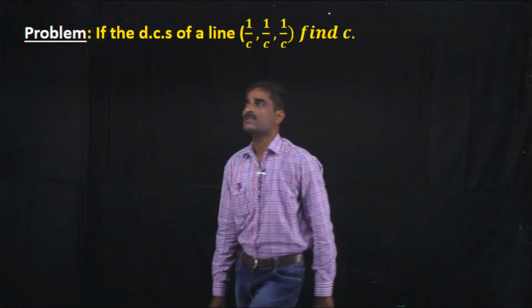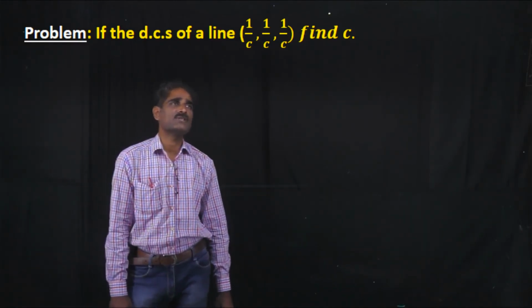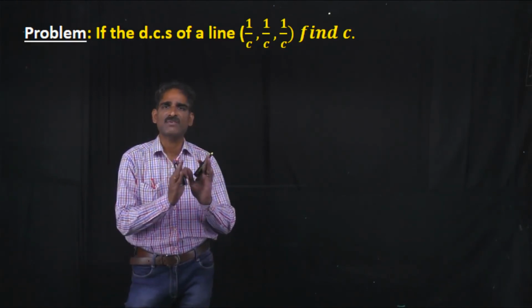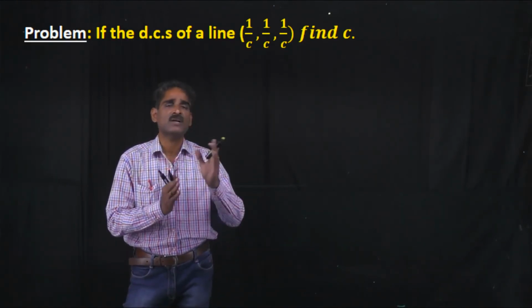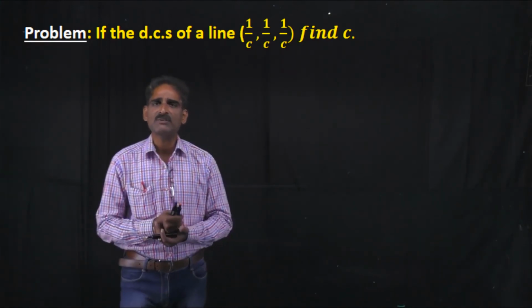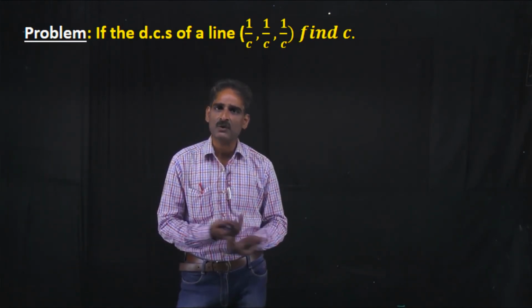See this problem: if the DCs of a line are 1 by c, 1 by c, 1 by c, find c. Just the DCs of a line are given with unknown c, we have to find out c. What is the relation between DCs? If l, m, n are the DCs, l square plus m square plus n square equal to 1, that's it.